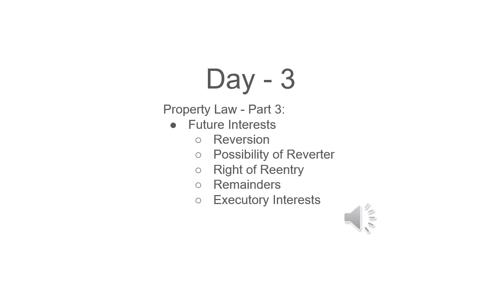That is not a remainder, and this shifting or springing interest cuts the prior estate short upon the occurrence of a specified condition. This is transferable. It's subject to the rule against perpetuities. A shifting executory interest divests the grantee of the interest and shifts the interest to another party on the happening of an occurrence.